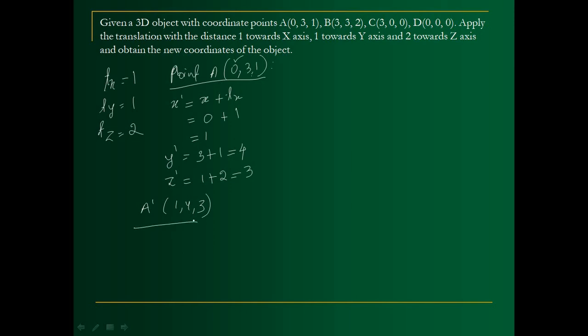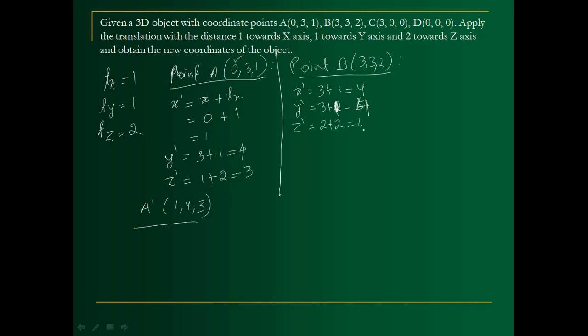If we consider point B, (3, 3, 2), your x dash will be 3 plus 1, which is equal to 4. Y dash will be 3 plus 1, which is equal to 4 again. And z dash will be equal to 2 plus 2, which is equal to 4.